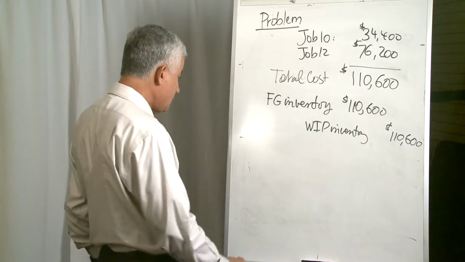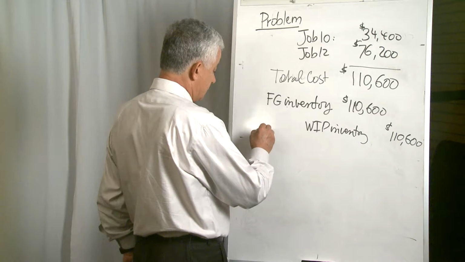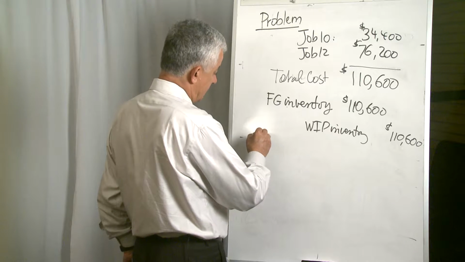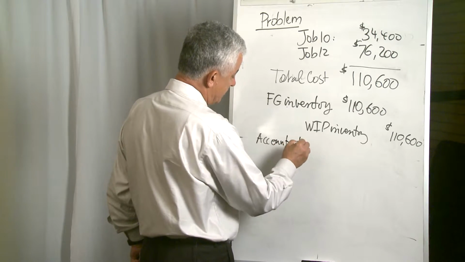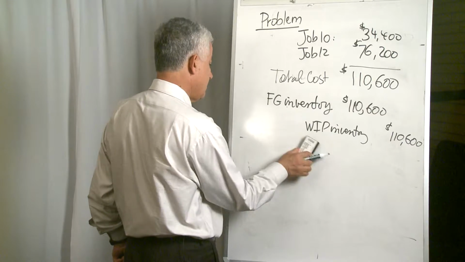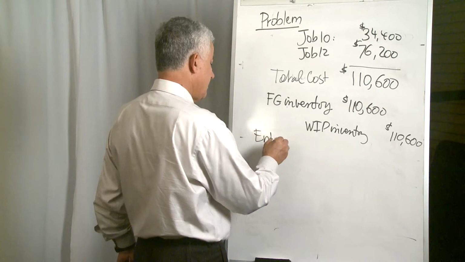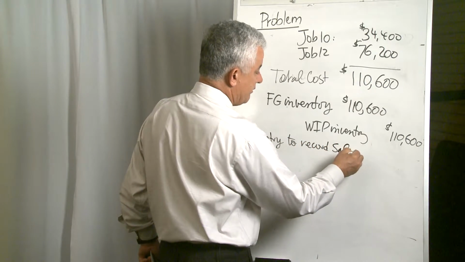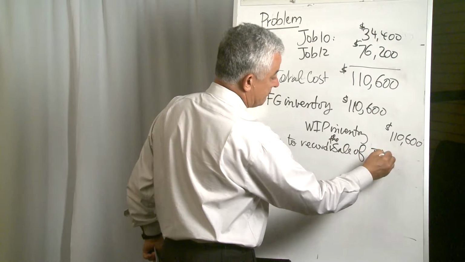First, what is the accounting entry? The entry to record the sale of job 10.